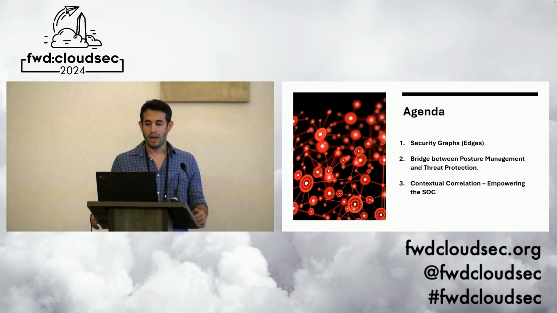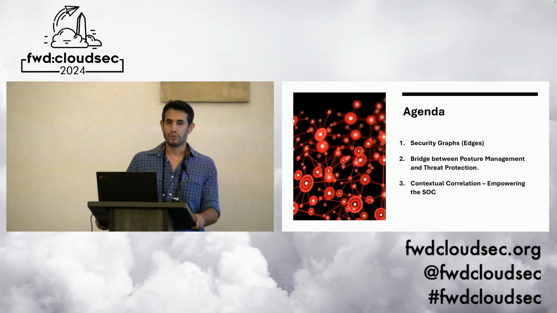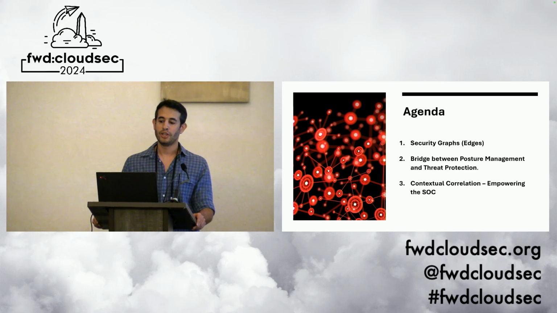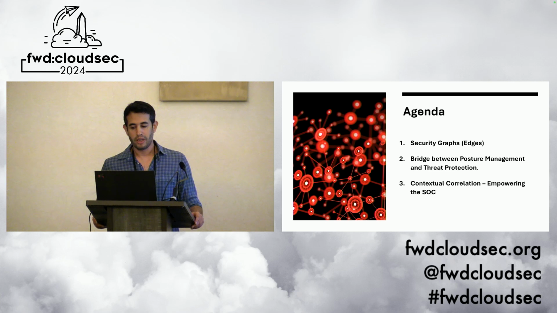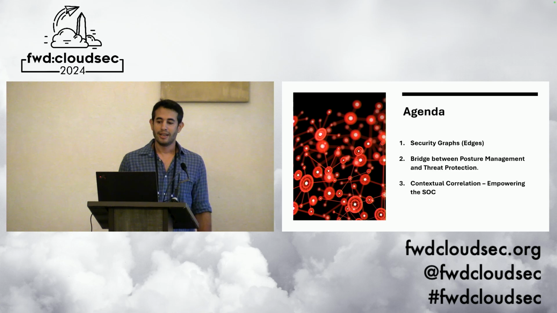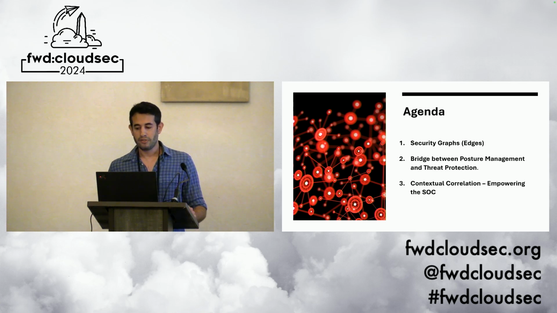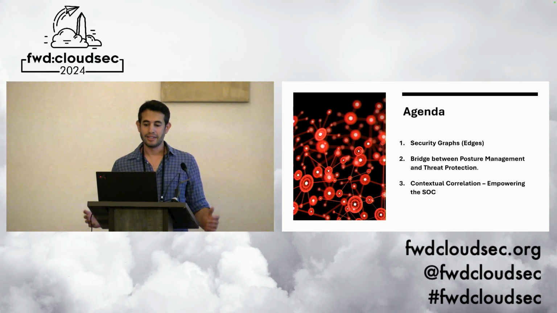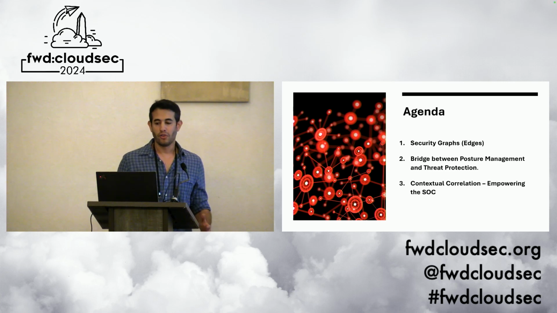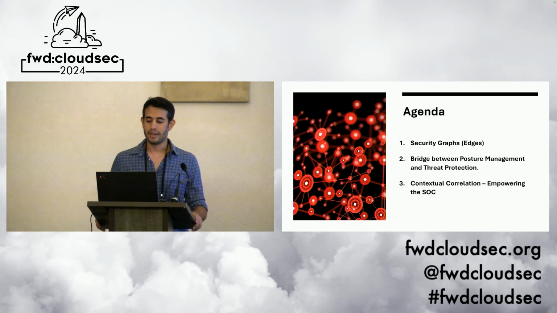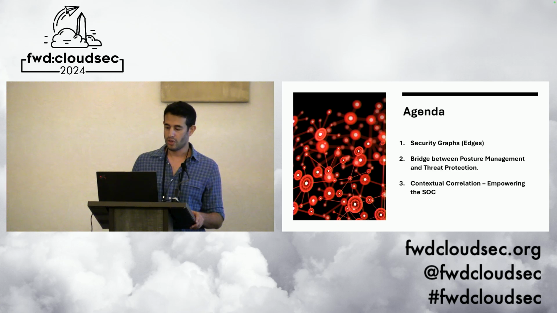We will then explore how edges on the graph can bridge between posture management and threat protection. And lastly, contextual correlations. We will see how, using the graph, we can contextualize alerts. And with this new context, we are able to link singleton alerts that on the surface have nothing in common. We will see how we can fuse them together into a holistic incident. And this body of work has huge potential in enhancing the efficiency of SOCs.